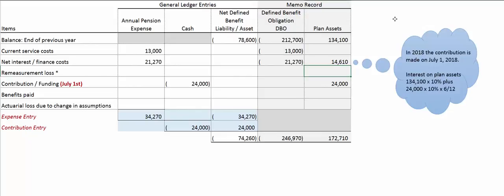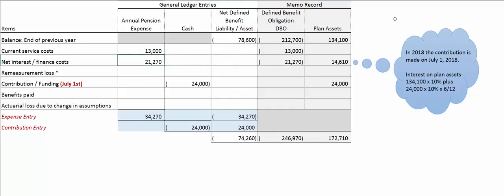The contribution was made on July the 1st. Remember that. So that means that during the year in the plan, there was $134,100 for the entire year at 10%. And then there was $24,000 in the plan for 6 months, also at 10%. So that's $14,610.